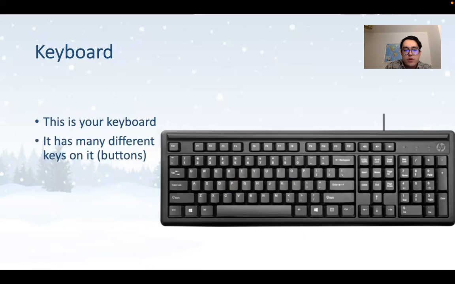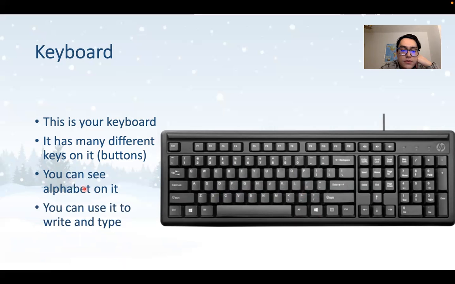This is your keyboard. It has many different keys or buttons which you can press, and you can see the alphabet on your keyboard right here. You can see numbers, alphabets, and special keys such as tab. You can use it to write and type.